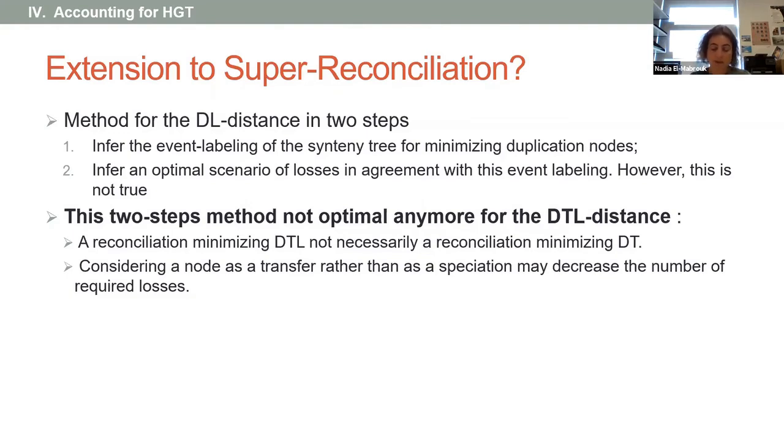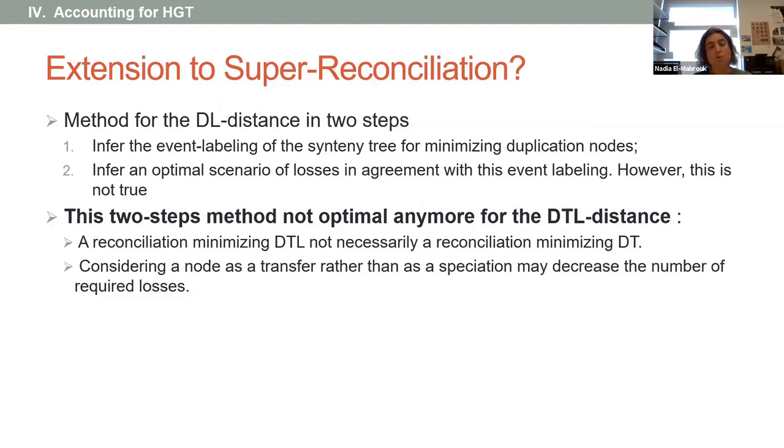In fact, a reconciliation minimizing duplication, transfer, and loss is not necessarily a reconciliation minimizing duplication and transfers, because considering a node as a transfer rather than a speciation may decrease the number of required losses.